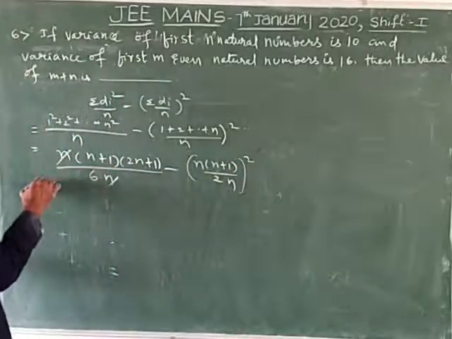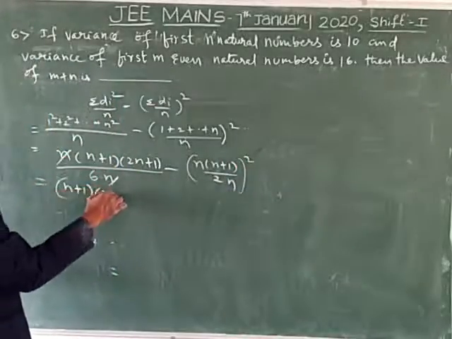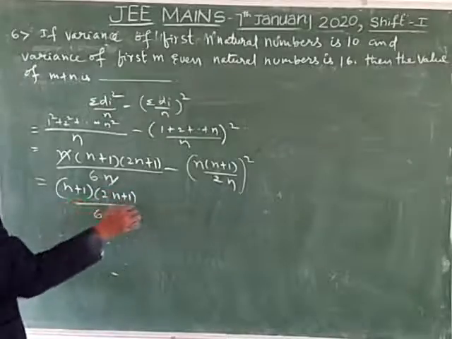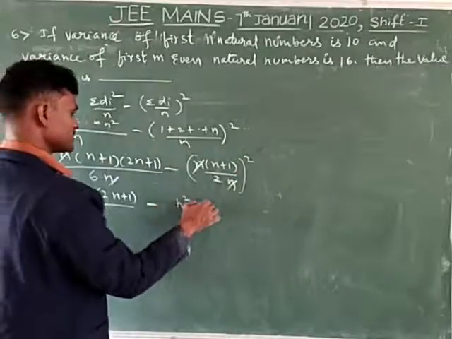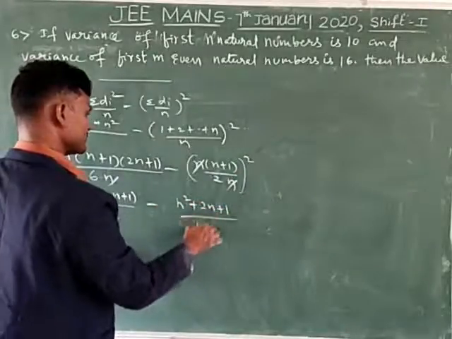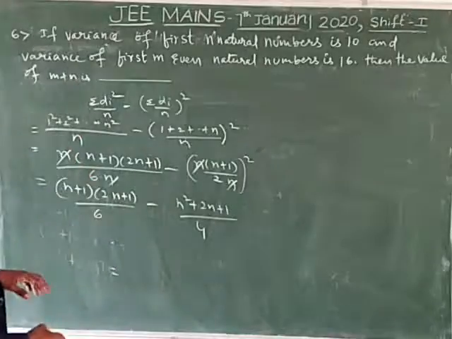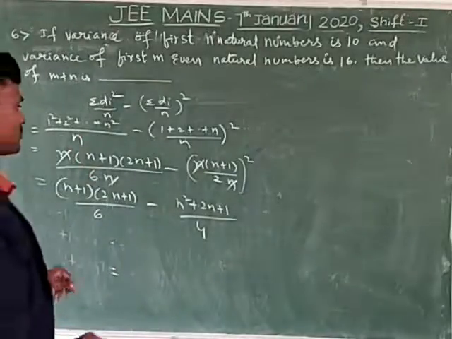The n cancels: n plus 1 into 2n plus 1 by 6, minus n plus 1 whole square, that is n square plus 2n plus 1, by 4.